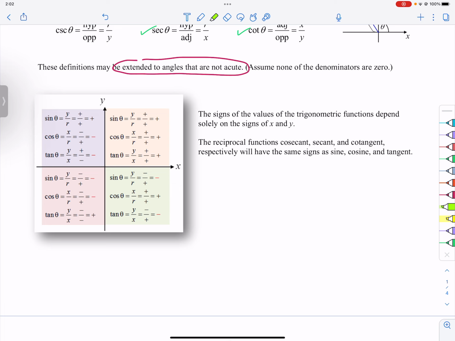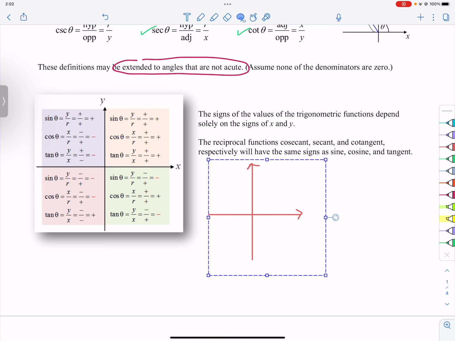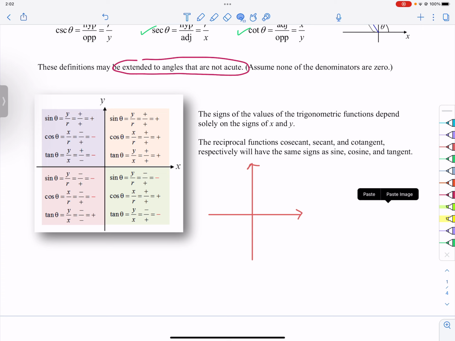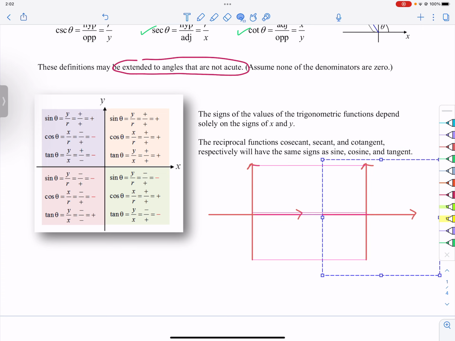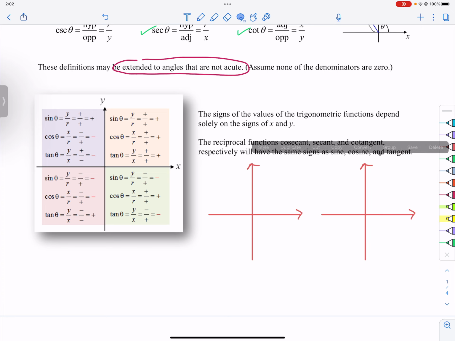That might be a little bit overwhelming, and I have kind of a neat way to remember this. So let's see if I can copy that, and then I don't have to redo that. Put that right here. Okay, so if you could just remember this, starting in quadrant 1, of course, remember this is quadrant 1, quadrant 2, and we always use Roman numerals for quadrant.